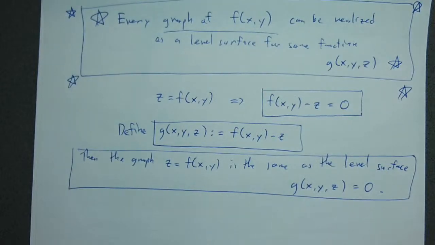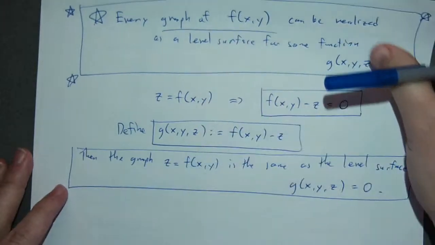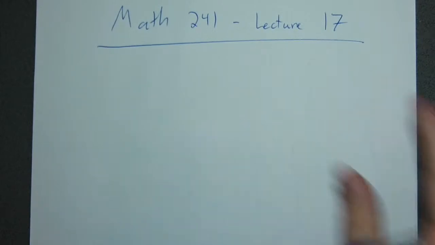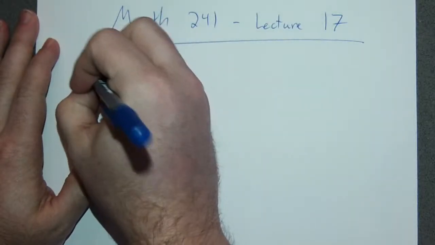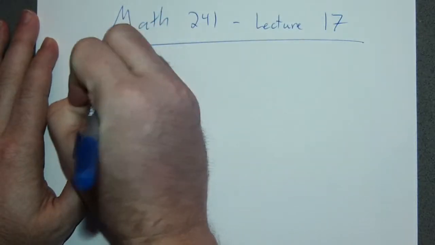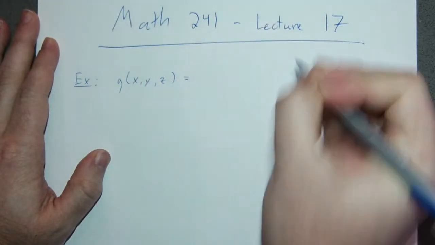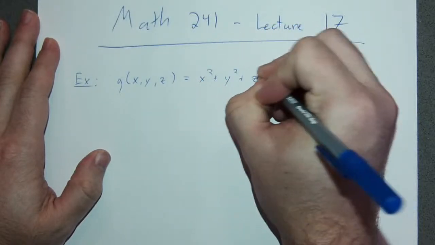So there are tons of examples of these, but I can give you an example of a level surface. For instance, let's just pick some g. So it's actually not even given to us as an f here, but rather, let g of x, y, z be x squared plus y squared plus z squared, right?